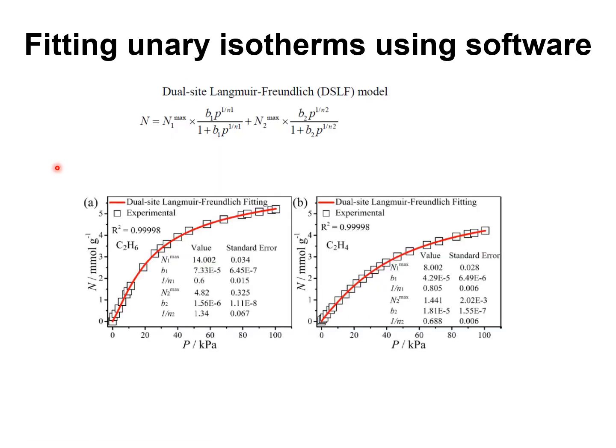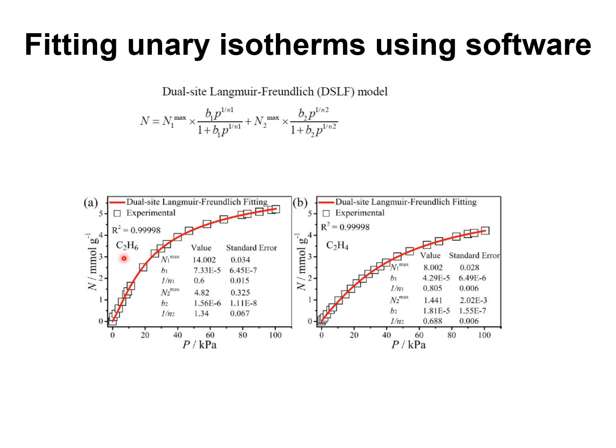I often see in the literature that the experimental data on the unary isotherms at any temperature is fitted using the dual site Langmuir Freundlich model, even though for that particular guest host system, this is an overkill.